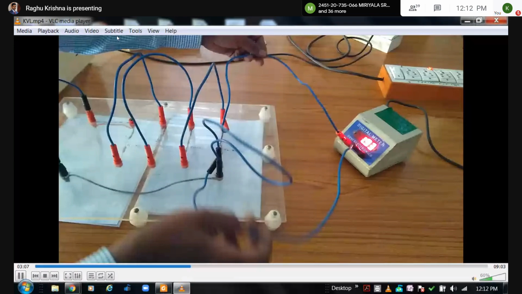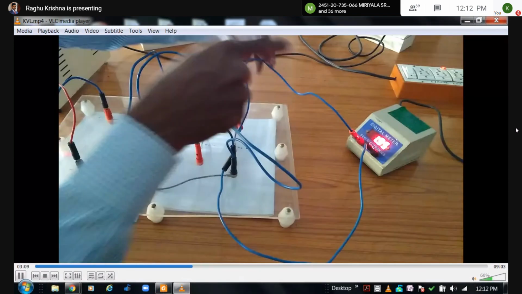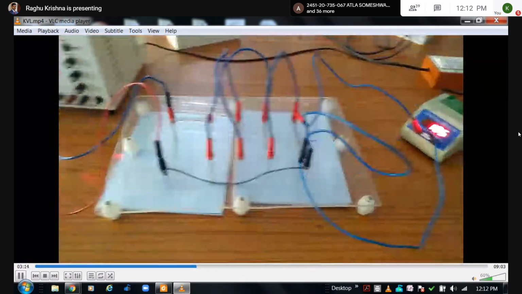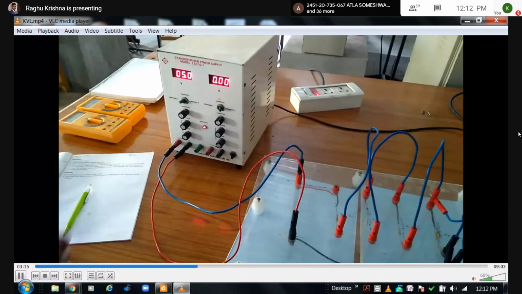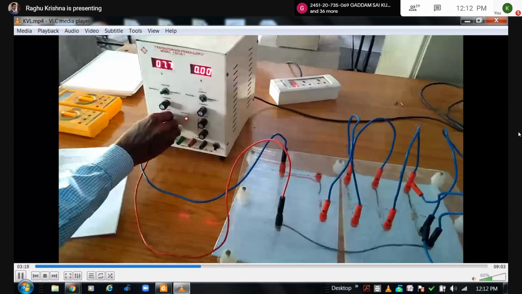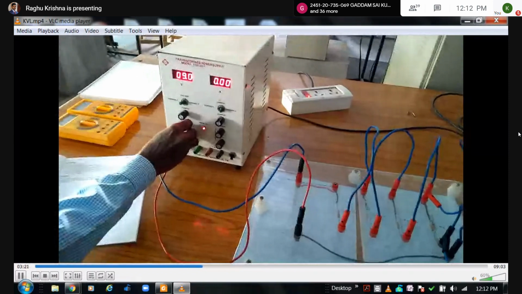So you have to note these values in a table form. After this, you have to repeat the experiment for 10 volts.